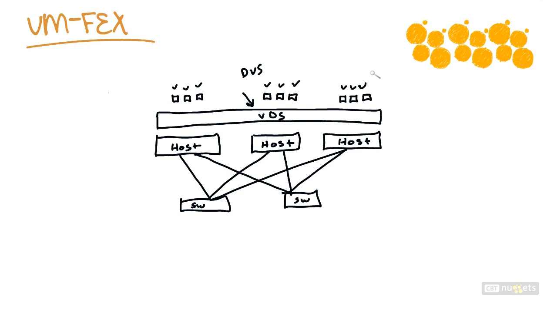This distributed virtual switch ended up being very important for robust vMotion capabilities inside of VMware, where we would want to move VMs easily from one host to another host for various reasons. So this was our second generation of technology, the virtual distributed switch.